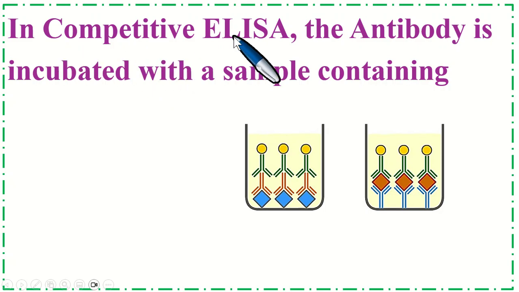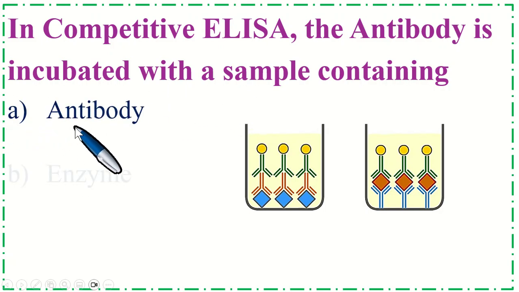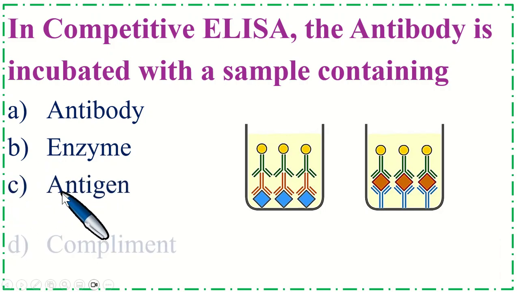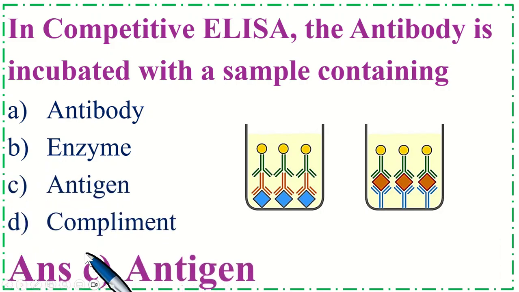In competitive ELISA, the antibody is incubated with a sample containing option A, antibody; B, enzyme; C, antigen; option D, complement. Correct option is C, antigen.